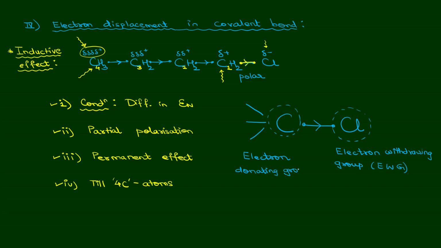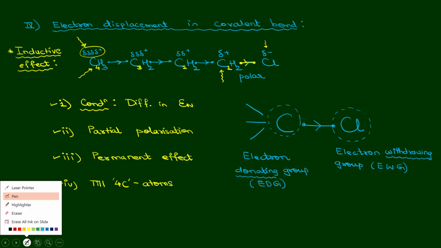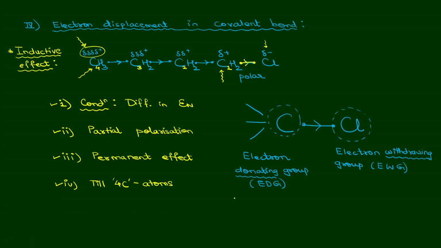And this electron donating group in turn is called EDG. So donating means a good effect, and withdrawing, pulling, looting is a bad effect. So we categorize these two effects into a positive inductive effect, shortly plus I, and the bad one, negative, that is minus I effect.